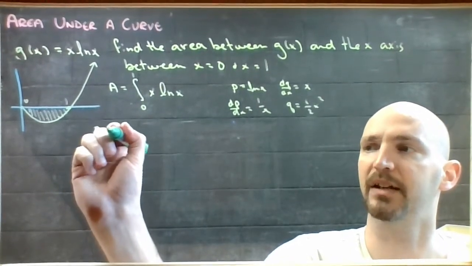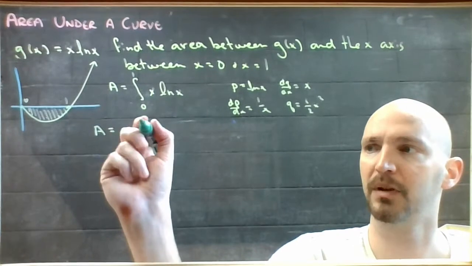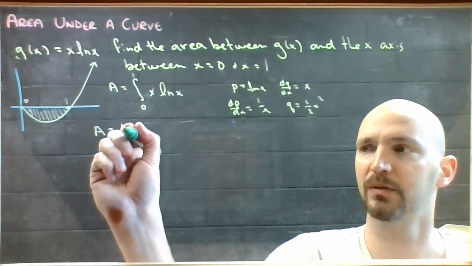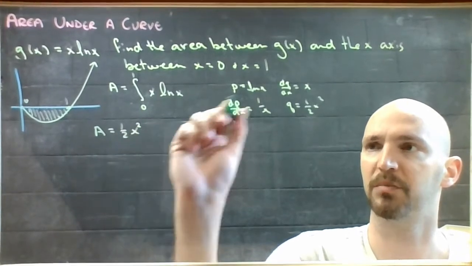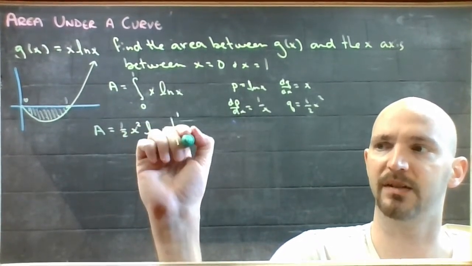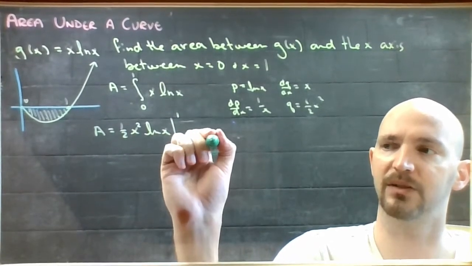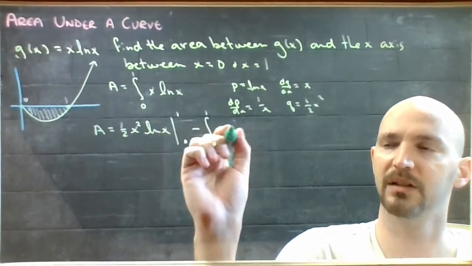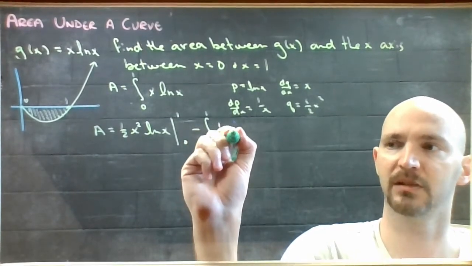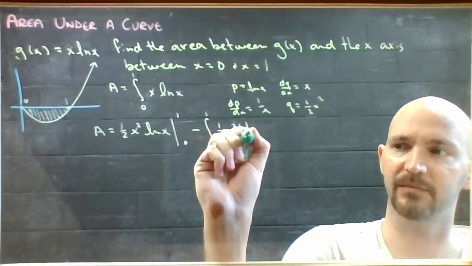So this area should be q p evaluated from 1 to 0, subtract the integral from 0 to 1 of my q piece, my dp piece, dx.